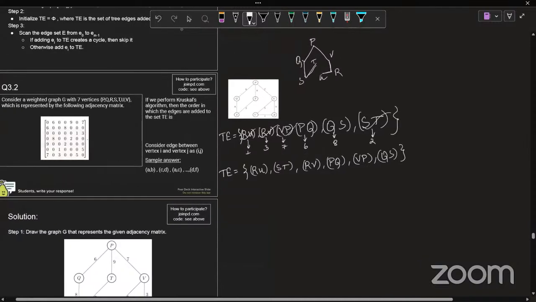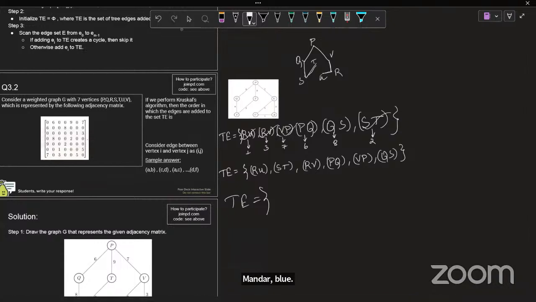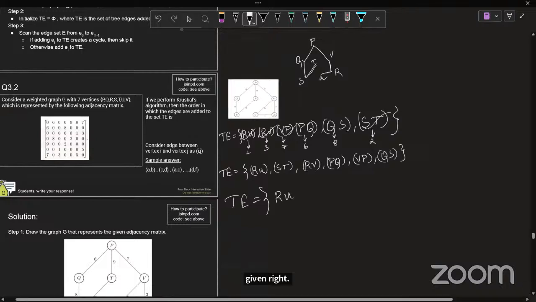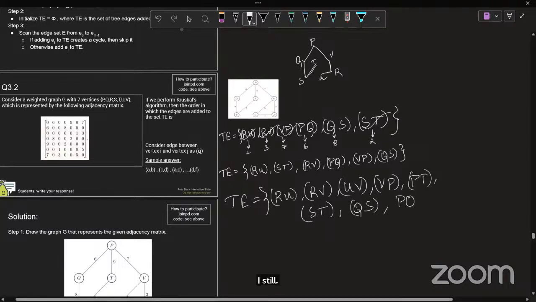The actual way is to write all the edges randomly, since no order is given. First of all, start here. Write any edges: RU, RV, UV, VP, PT, ST, QS, and PQ.